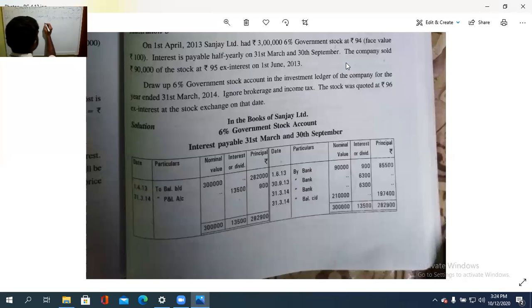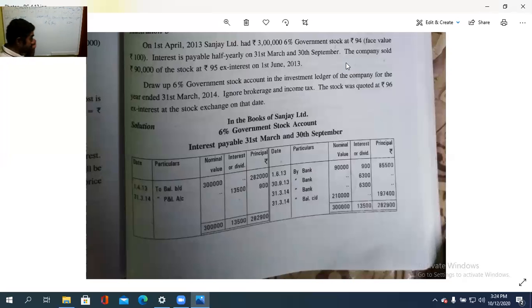Next, they say half yearly interest on 31st March and 30th September. So by bank, how much? 6,300. There is no change, because 90,000 is sold: 3 lakh minus 90,000 is 2 lakh 10,000.